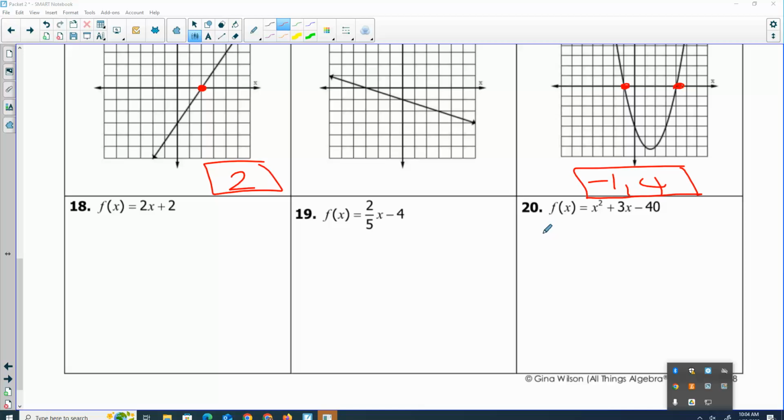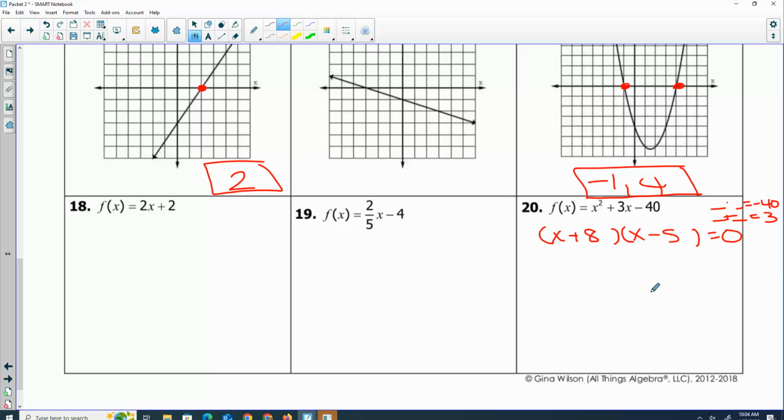We're figuring out when it's equal to 0. So remember, we've done a lot of these at this point. So if you chose this route, you're looking for what two numbers multiply to negative 40, add to positive 3? And that would be positive 8, negative 5. And then we set those equal to 0.